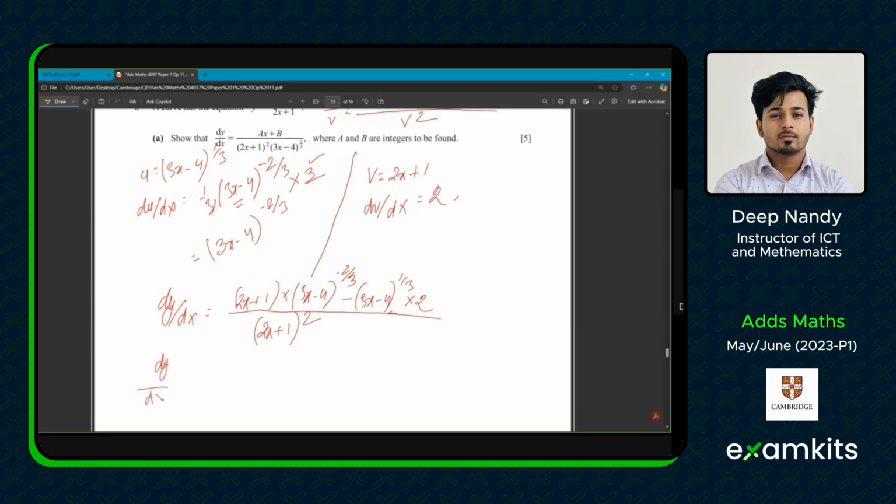Here dy by dx is equal to 2x plus 1 whole square. We can take common here from this 2.